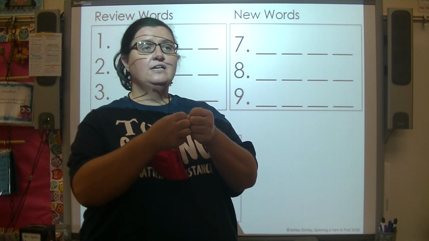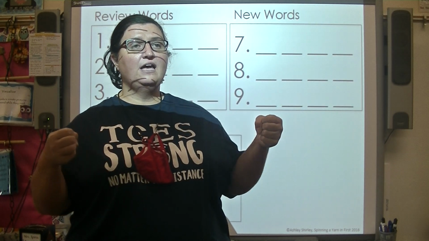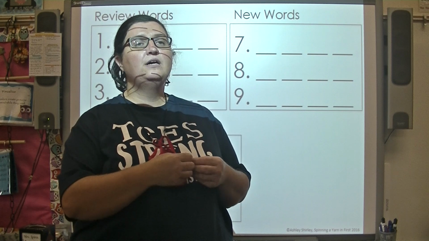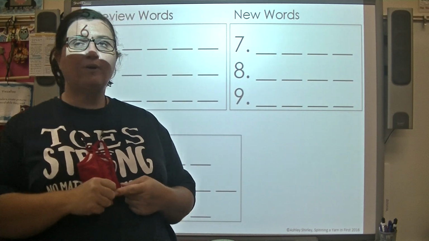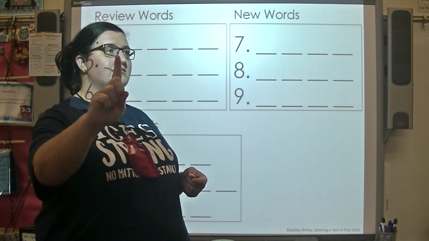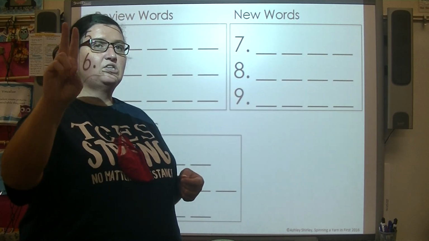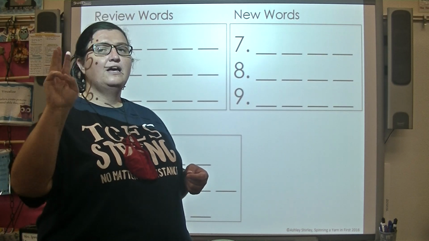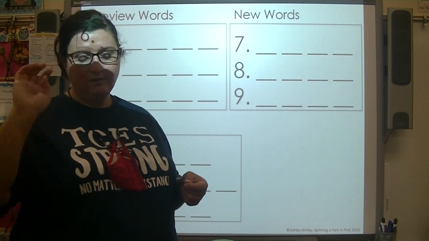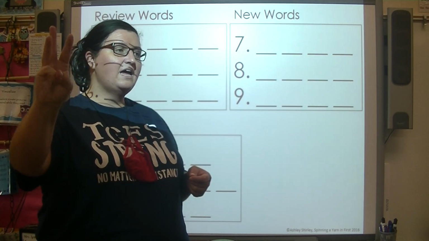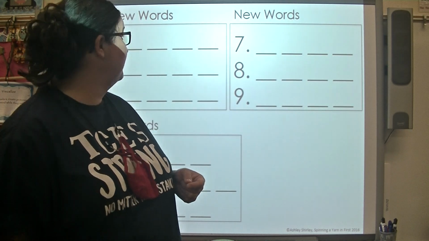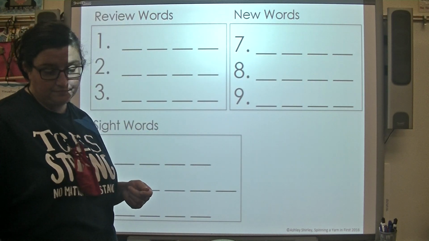Get ready. Step. One more time. Step. What's the first sound we hear? S. Next sound. T. Next sound. E. Last sound. P. Yes, listen. Step. Spell it on number 1.